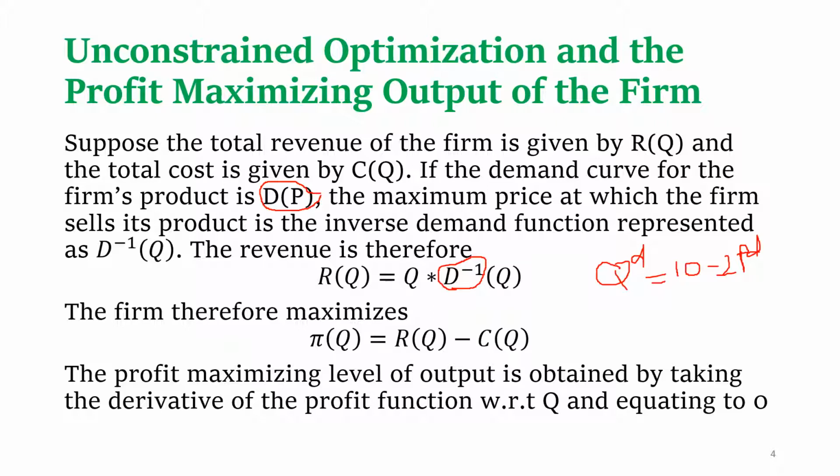Now, we want to move this minus 2 PD to the left-hand side. So what do we do here? It becomes 2 PD, and then this equals 10. And then we want to do the same thing to the QD.